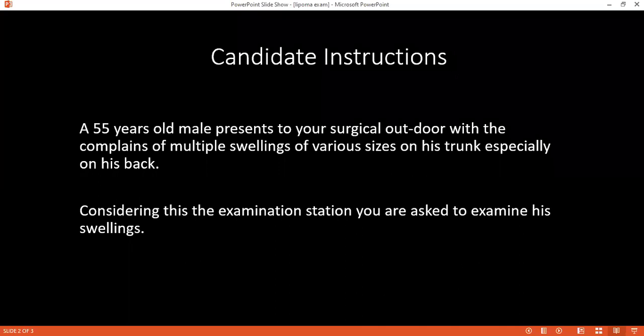Okay, good. So if you can summarize your examination now? Okay. I examined a 55-year-old male with multiple swellings on various sites on the trunk, with the largest located at the back, measuring 4 cm by 6 cm.